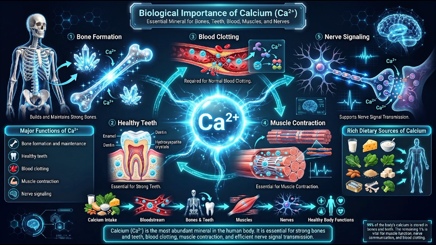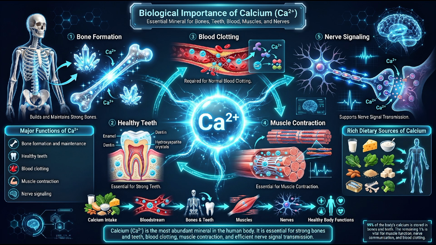The infographic highlights the major biological functions of calcium and explains why it is indispensable for the normal functioning of the human body. The most well-known function of calcium is bone formation and maintenance. Bones are living tissues that are continuously broken down and rebuilt throughout life in a process known as bone remodeling.